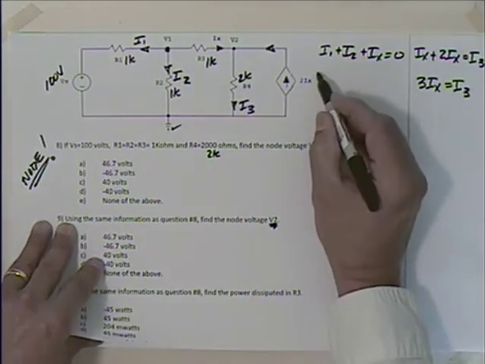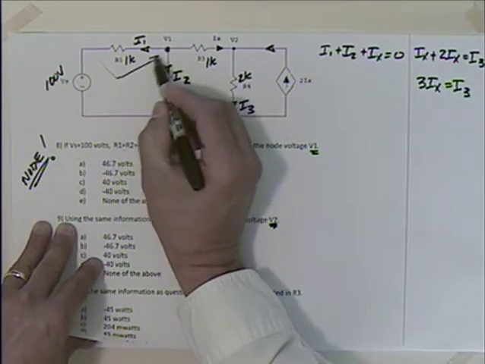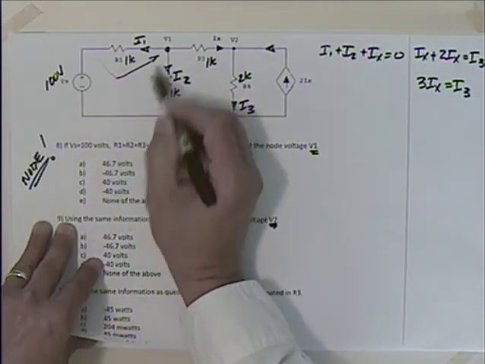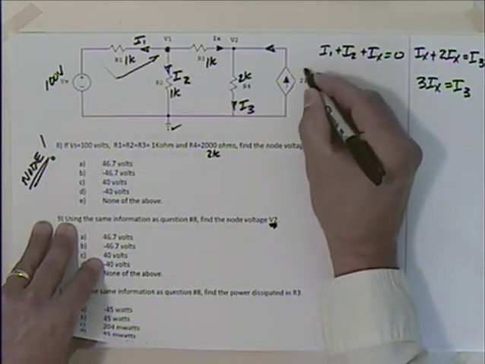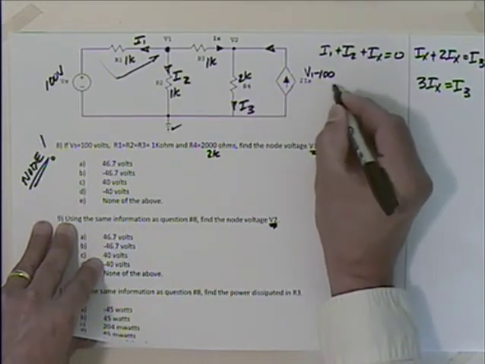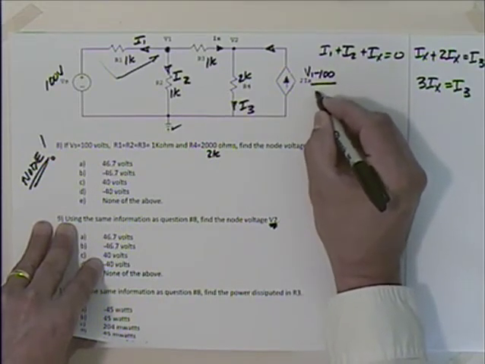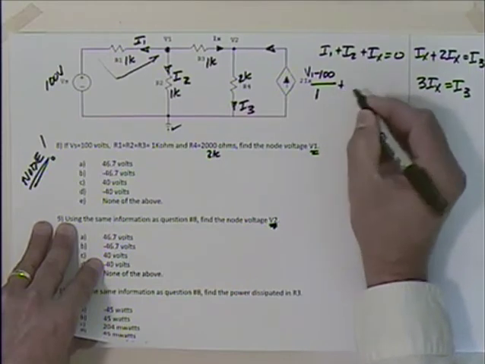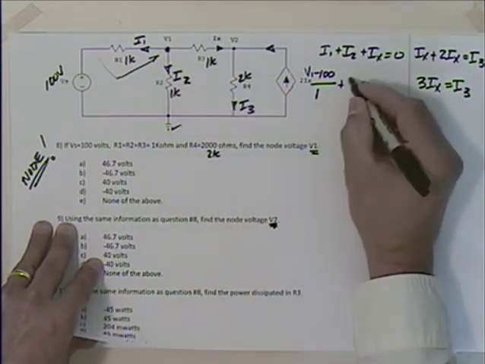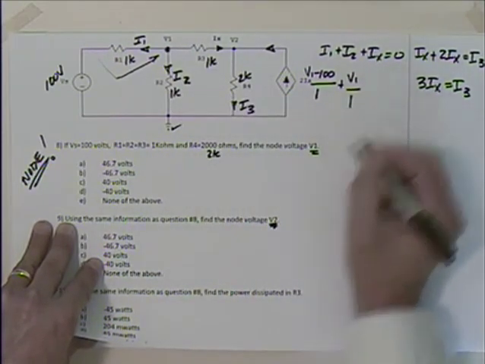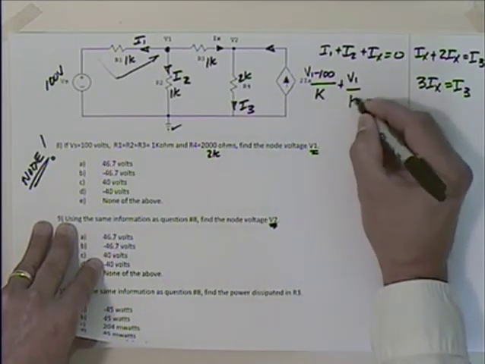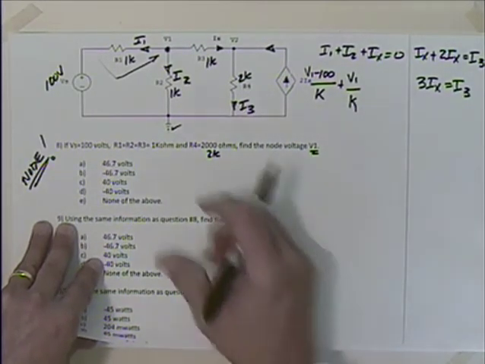We're going to make some substitutions for I1. I1, I need to find the voltage potential like that, which is minus 100 plus V1. V1 minus 100 divided then by 1K plus I2, which is V1 over 1K. Is that right?